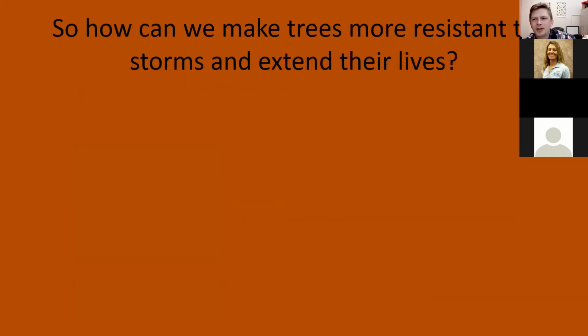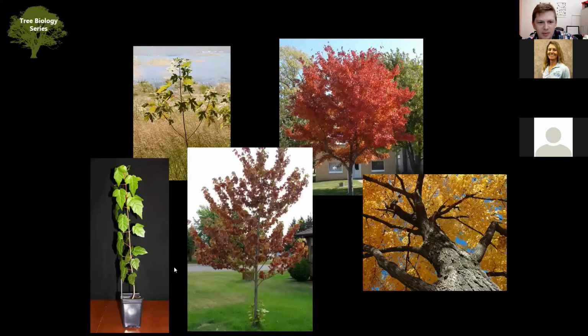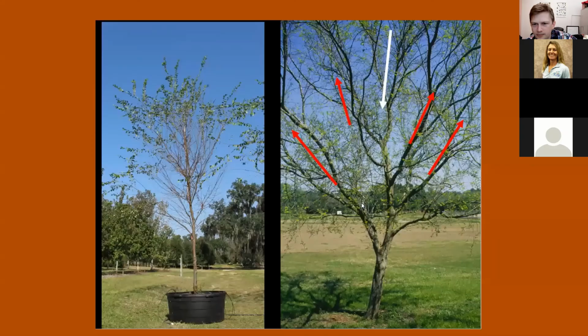So how can we make trees more resistant to storms and extend their lives? Like I was mentioning here, we can try to develop their form as they mature, like trying to take this central stem and keep that central stem intact all the way until it's a large tree. But unfortunately, what we get a lot of times is a tree from a nursery, we put it in the ground, and you have these stems that start growing outward and competing with the central leader.